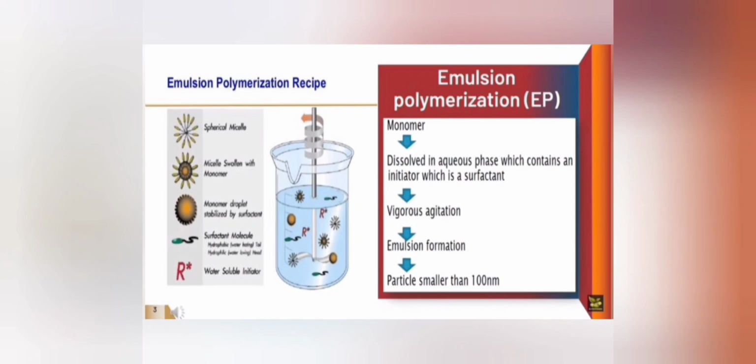It contains spherical micelles, which are swollen with monomer, and monomer droplets stabilized by surfactant, and surfactant micelles are also there. The surfactant has a hydrophilic end and a hydrophobic end, and then a water soluble initiator.